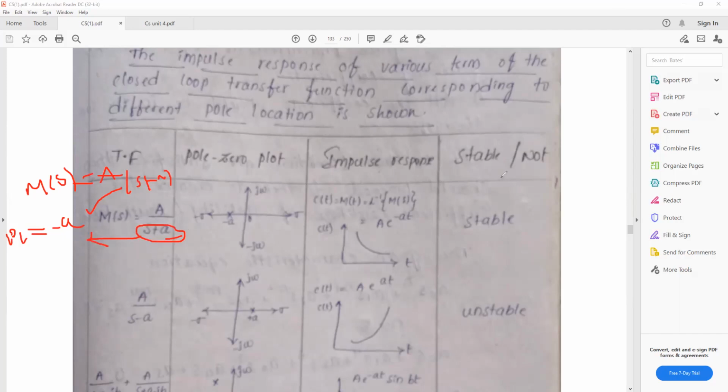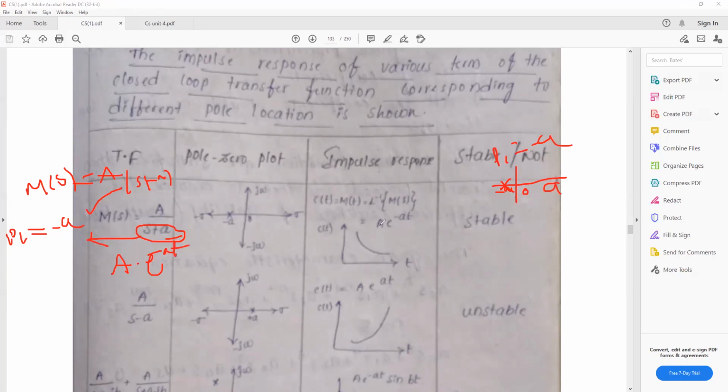So this is the left side, 0, negative minus a, and this is positive a. So pole 1 is equal to minus a. The Laplace inverse of a by s plus a is a into e power minus at.